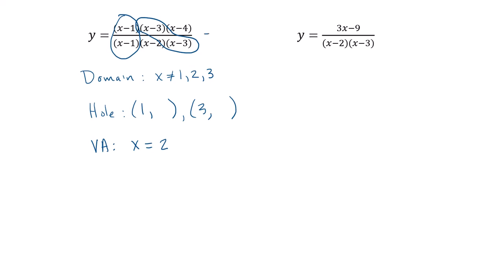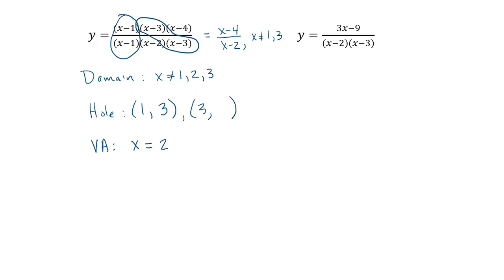Now let's go ahead and write the simplified version of this. This would be the same as the function x minus 4 over x minus 2, where x cannot equal 1 or 3. Now, if x were 1, we would have a -3 on top, we would have a -1 on bottom, so -3 divided by -1 is +3.